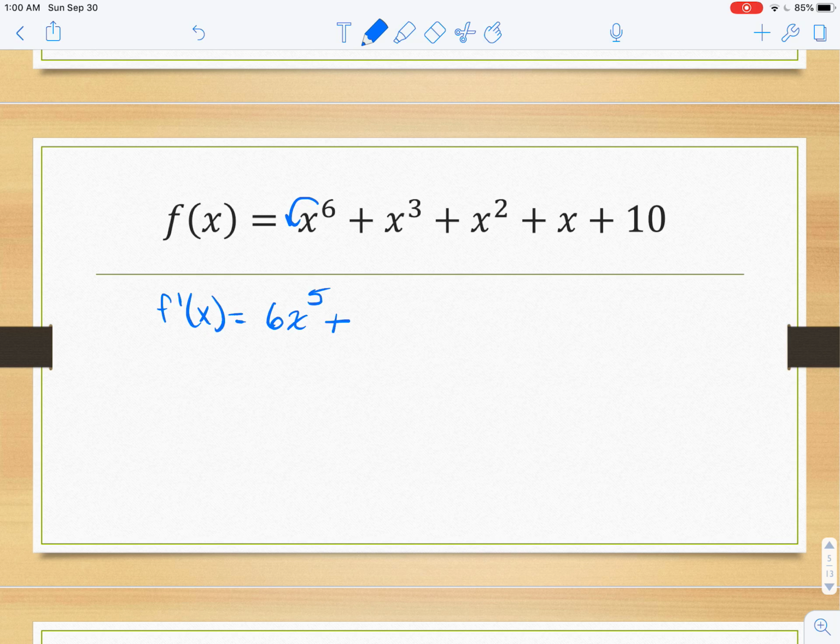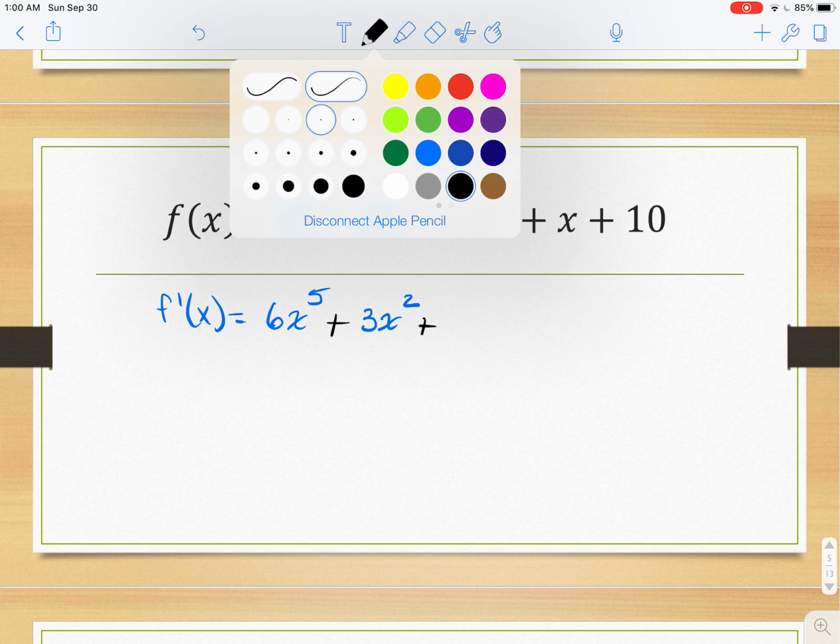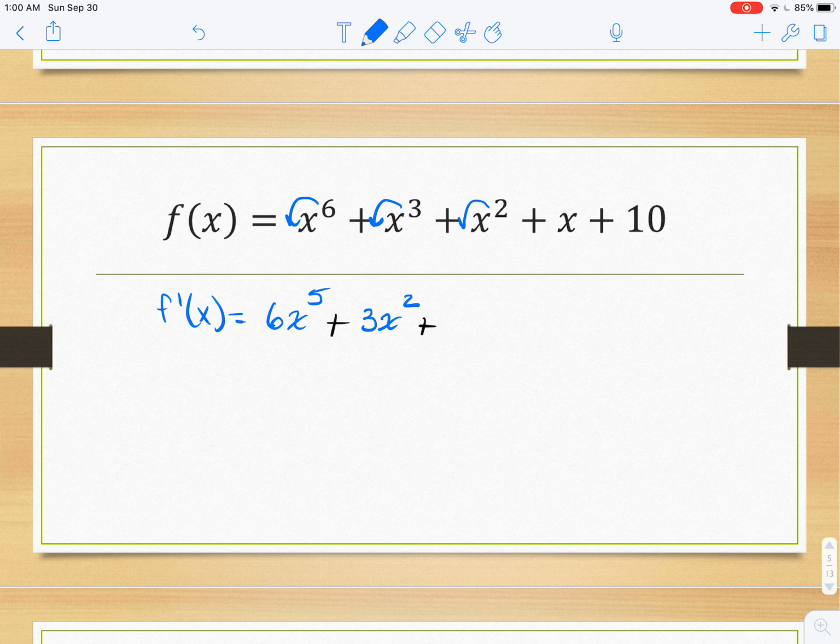We're going to add the next term. Bring this 3 to the front, 3x, subtract the exponent 3 by 1, which gives 3x squared. We add, same again, 2x, subtract the exponent by 1, which is 1.